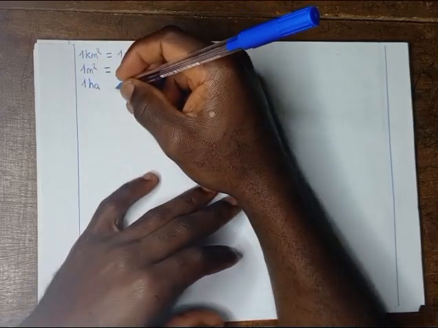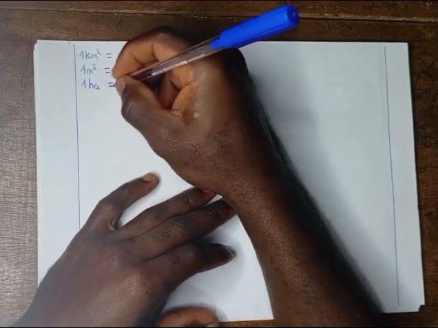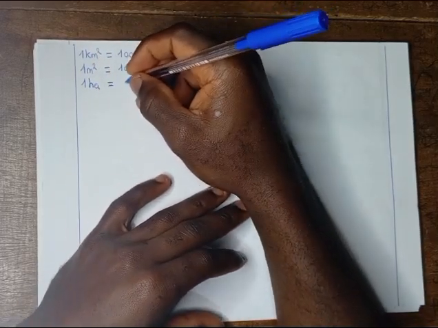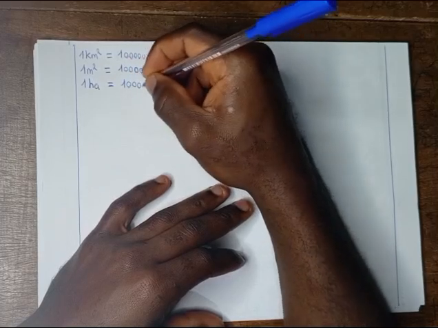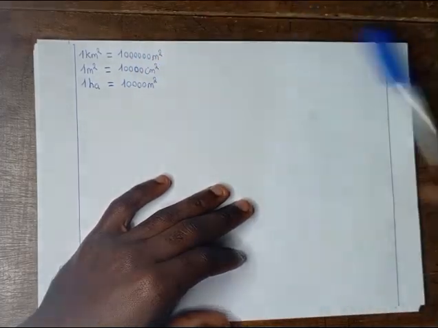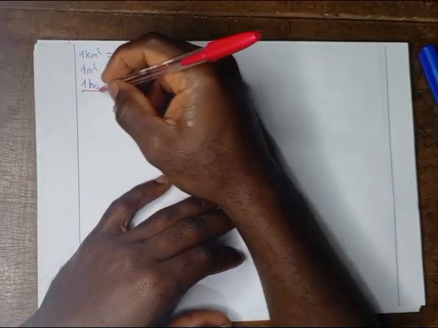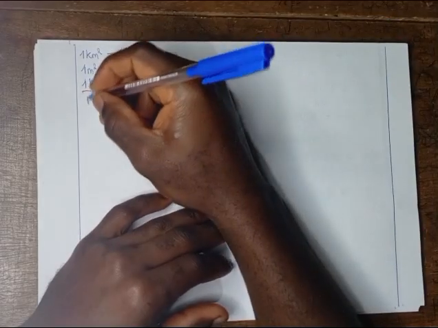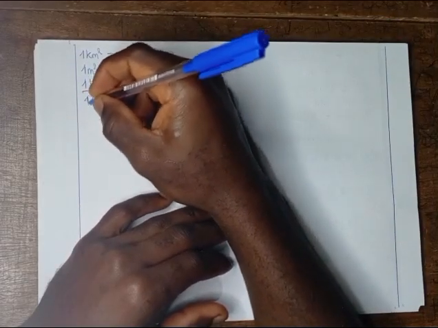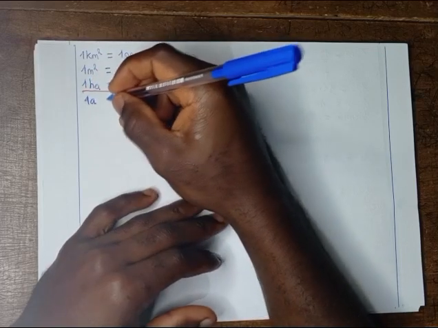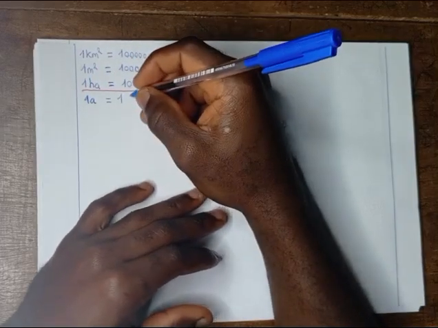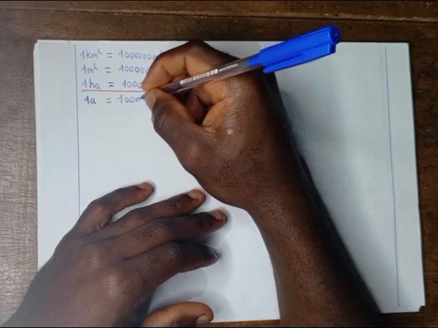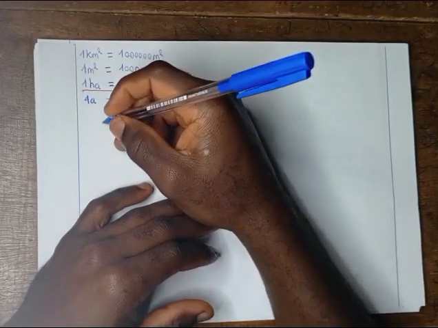Next, we have 1 hectare. This one is very important. 1 hectare is equal to 10,000 meters squared. You take note of this. I'll underline this one with a red pen. It's very important. Then we have 1 are is equal to 100 square meters.